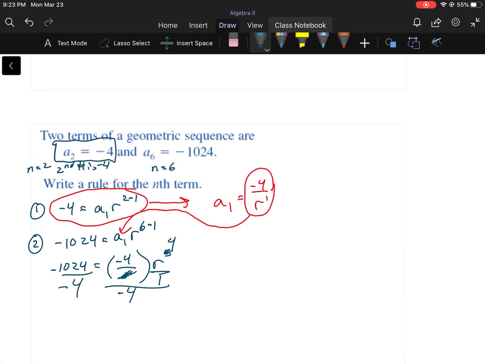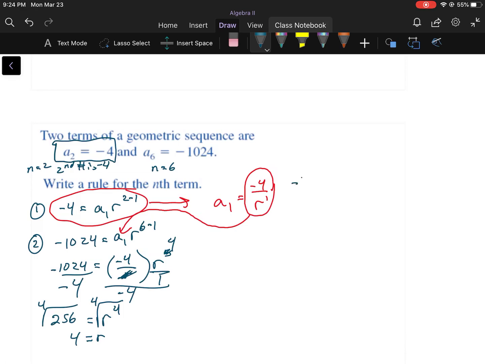Divide by a negative 4, and I've got r to the 4th. Let's see, 1024 divided by 4 is 256, and because we just have the 4th power, I'm going to take the 4th root of both sides. r is equal to 4, so my common ratio is 4.